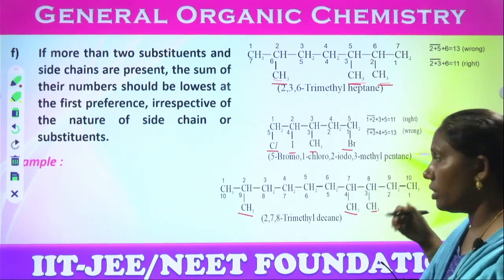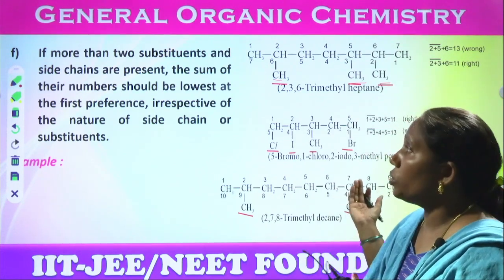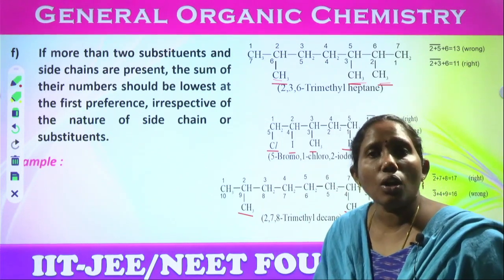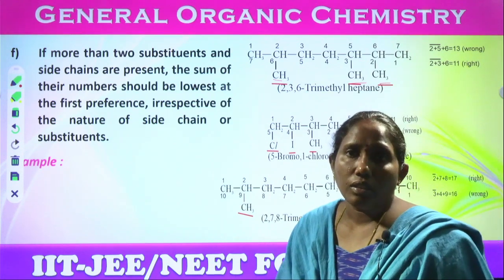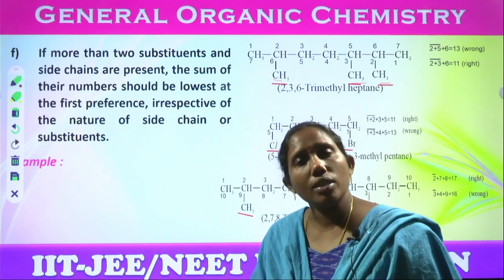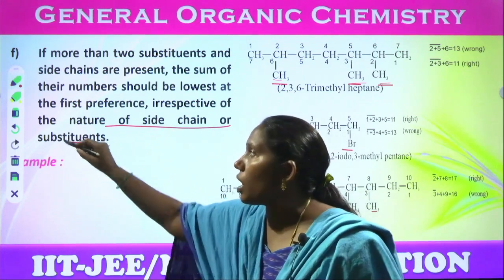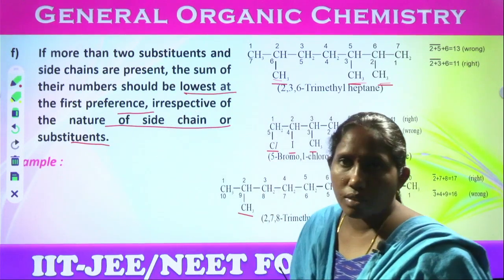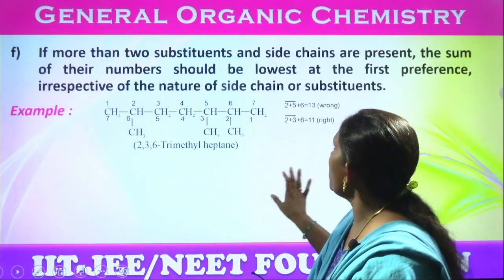If more than 2 substituents are present, the numbering should give the lowest preference based on the lowest numbering, irrespective of the nature of the side chain or substituent. We have to take the lowest at the first preference. Let us check these examples, then you will understand.